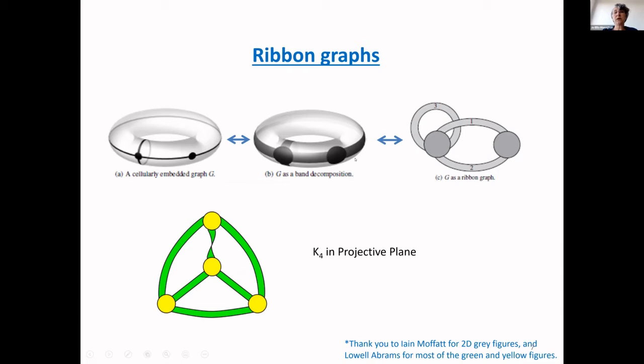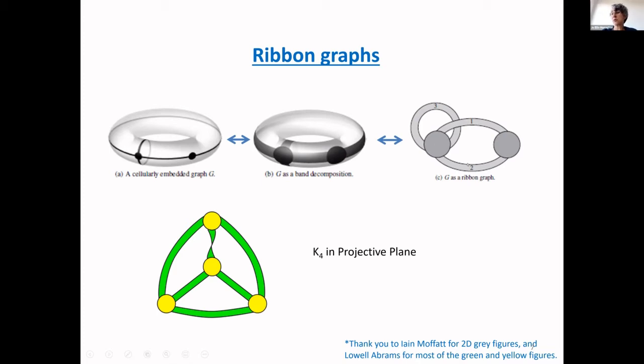If we take a little epsilon neighborhood of the graph, you get these little disks for the vertices and rectangular disks for the edges. This is called a band decomposition. If you take the faces out of this surface, you're left with something that's called a ribbon graph.